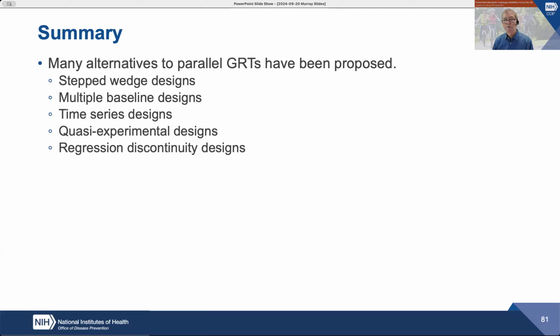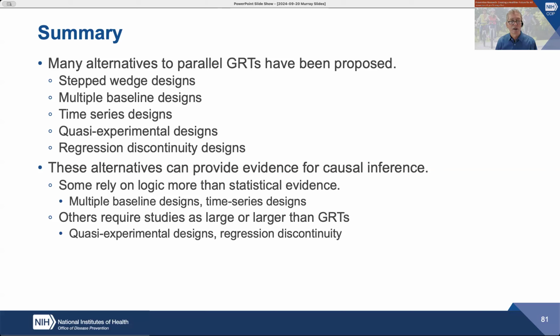They're strong, good basis for causal inference. The price is you need a larger study, often twice as many participants. The multiple baseline and time series rely more on logic than statistics. The quasi-experiment and regression discontinuity certainly rely on statistics, but you may need a study just as big or even larger than a parallel group randomized trial.